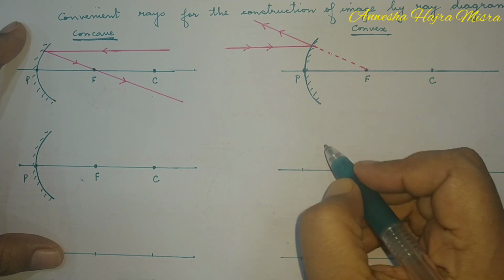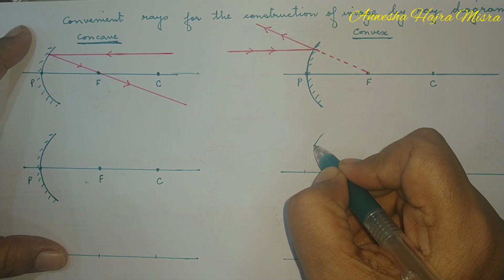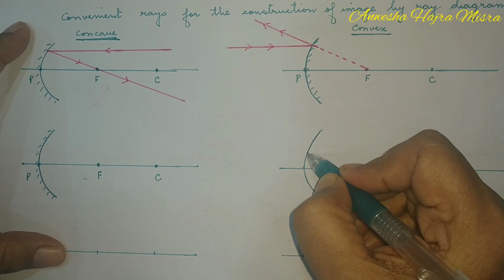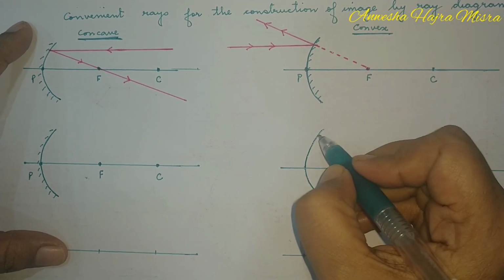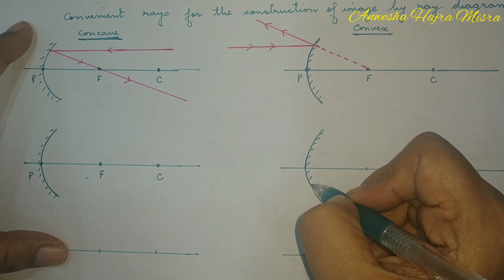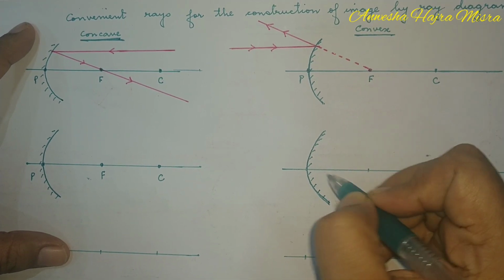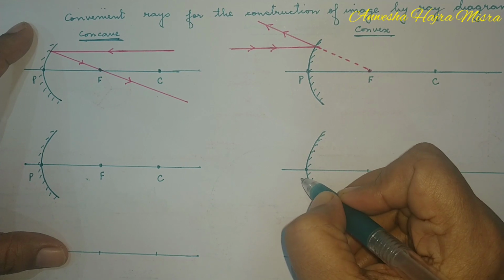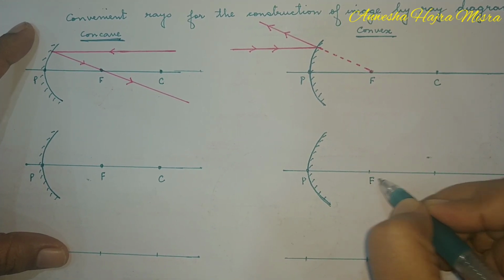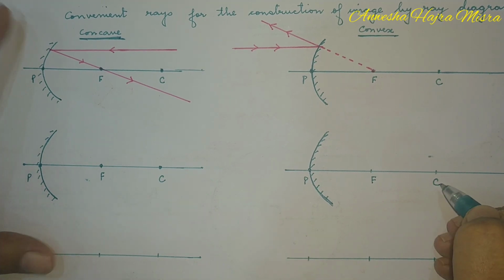Now for convex mirror, this is my convex mirror. Silvering this side. Pole, focus, center of curvature.